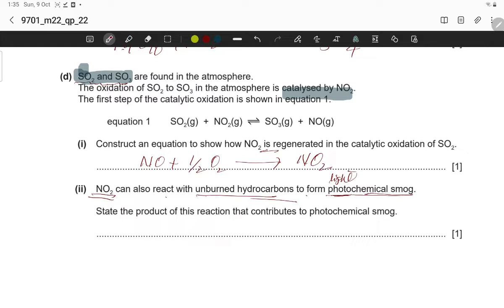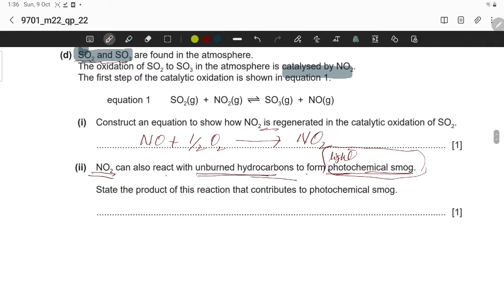This photochemical smog is produced when nitrogen dioxide is emitted from car exhaust, and it can react with unburnt hydrocarbon to form photochemical smog.